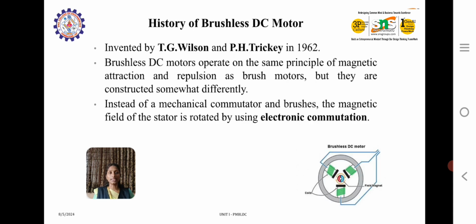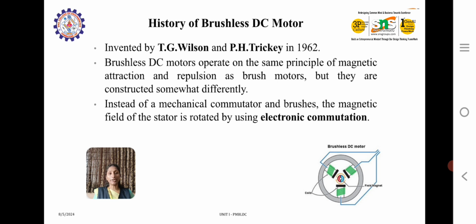Coming to the brushless DC motor, it was invented by T.G. Wilson and P.H. Trickey in 1962, about 80 years after the invention of the DC motor. Brushless DC motors operate on the same principle of magnetic attraction and repulsion as brush motors, but they are constructed somewhat differently.